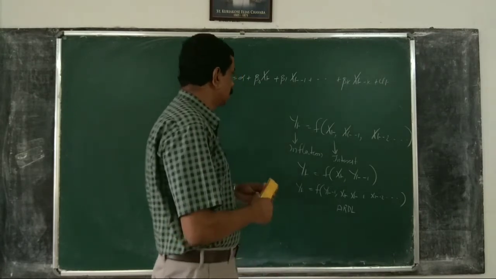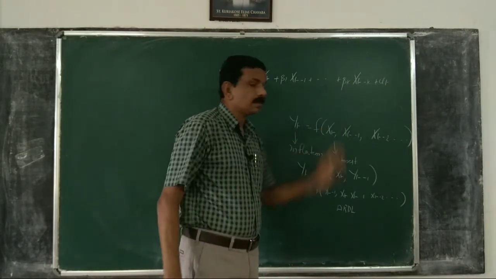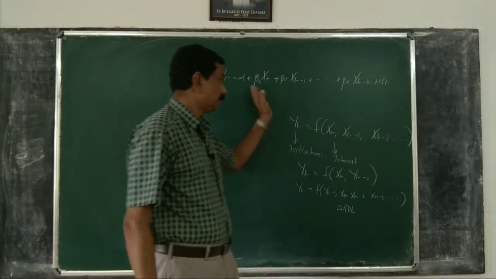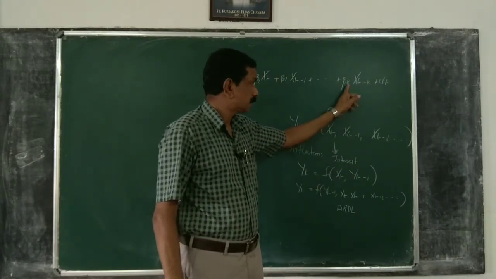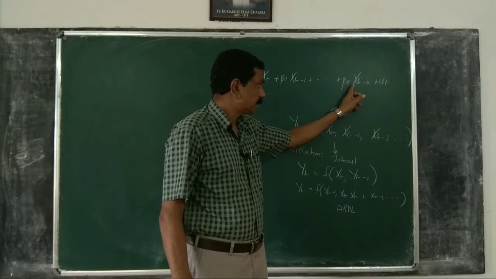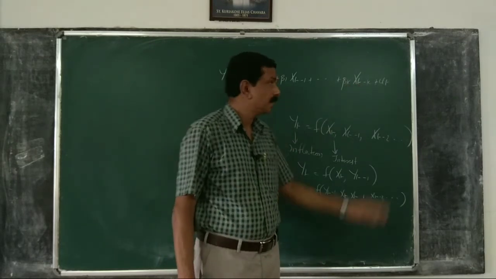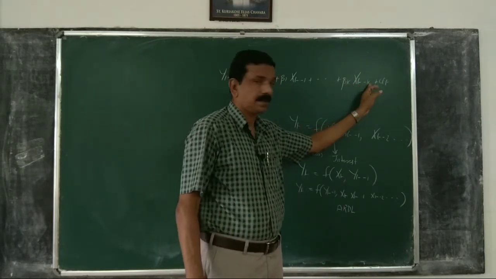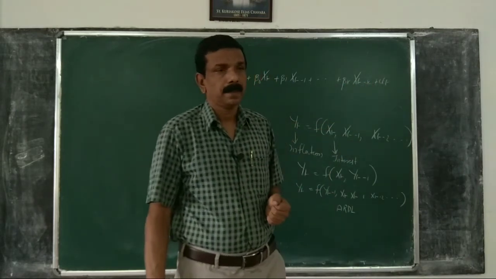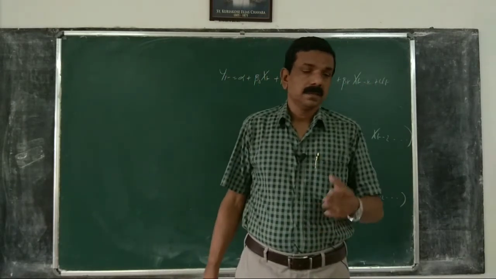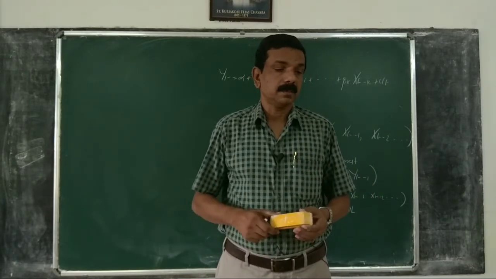It is an example of a finite distributed lag model as the lag length k is xt minus k. If k is 5, xt minus 5, k is 6, xt minus 6, like that. It is an example of a finite distributed lag model.